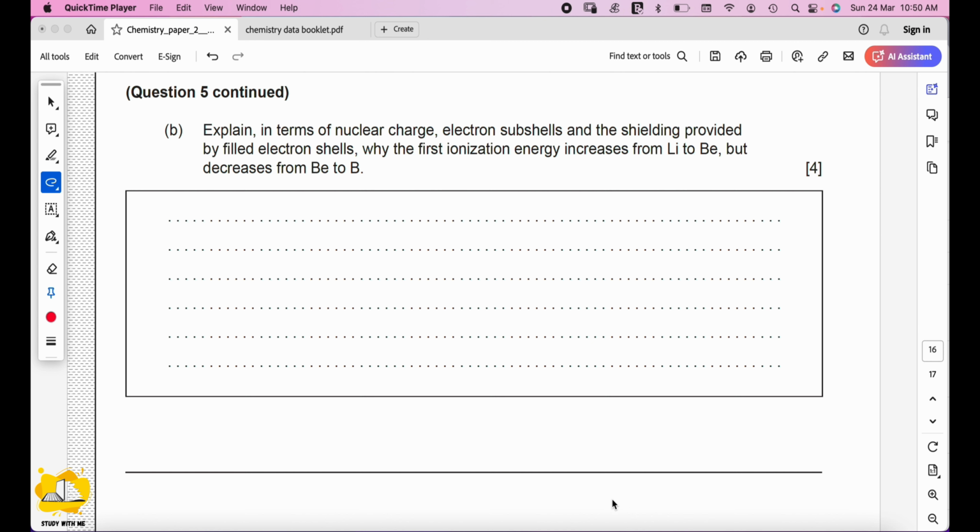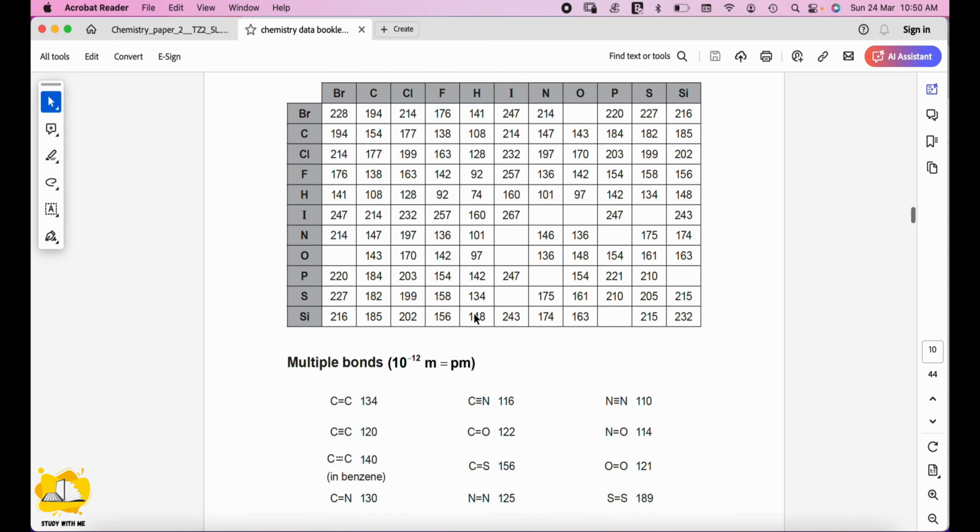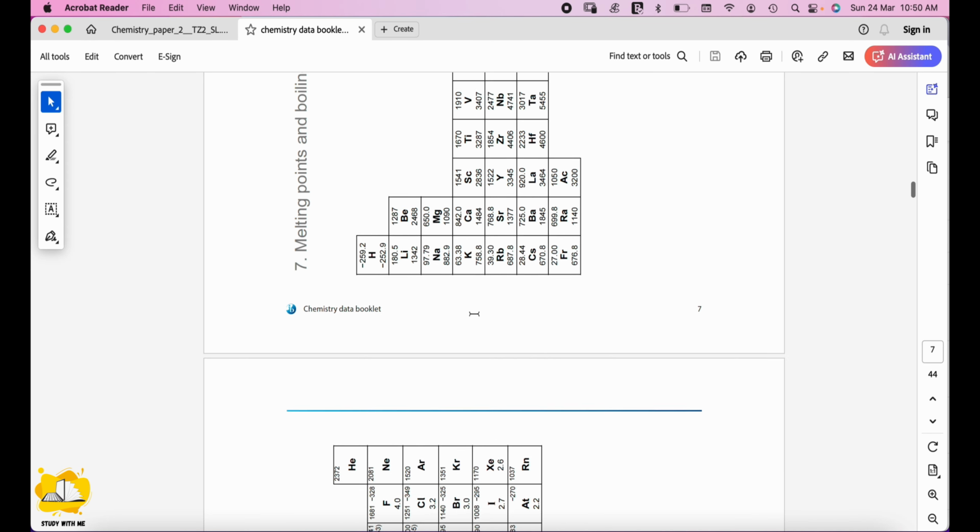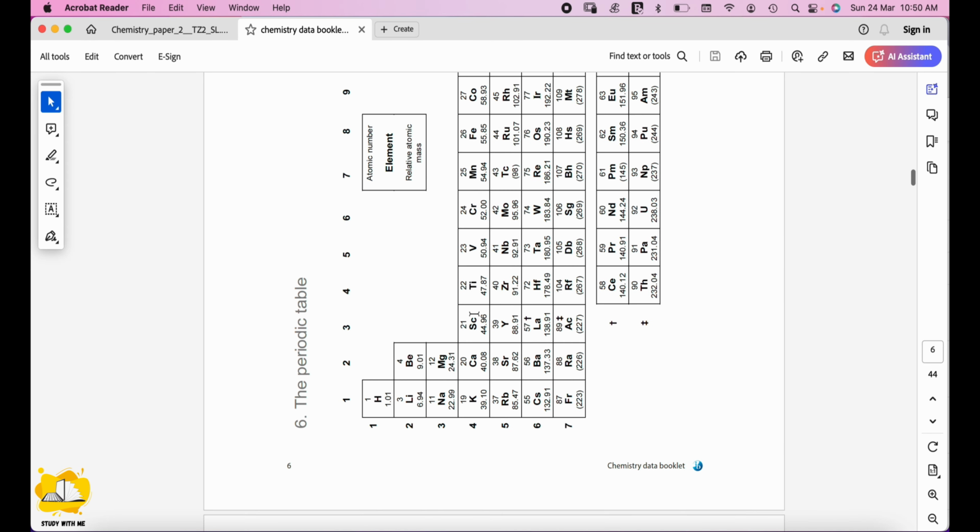Explain in terms of nuclear charge, electron subshells and the shielding provided by filled electron shells why the first ionization energy increases from Li to Be but decreases from Be to B. Let's see the periodic table.